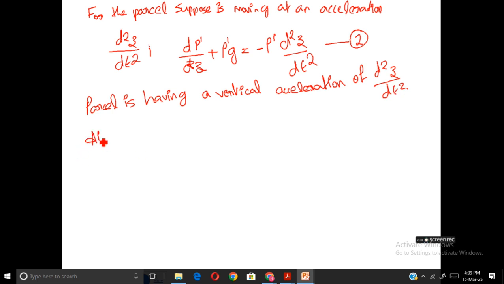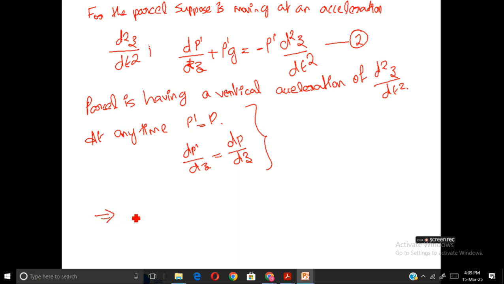At any time, p dash will be equal to p because the pressure of the parcel and pressure of the environment will be equal. So we can write dp dash by dz is equal to dp by dz, and we know dp by dz is equal to minus rho g.